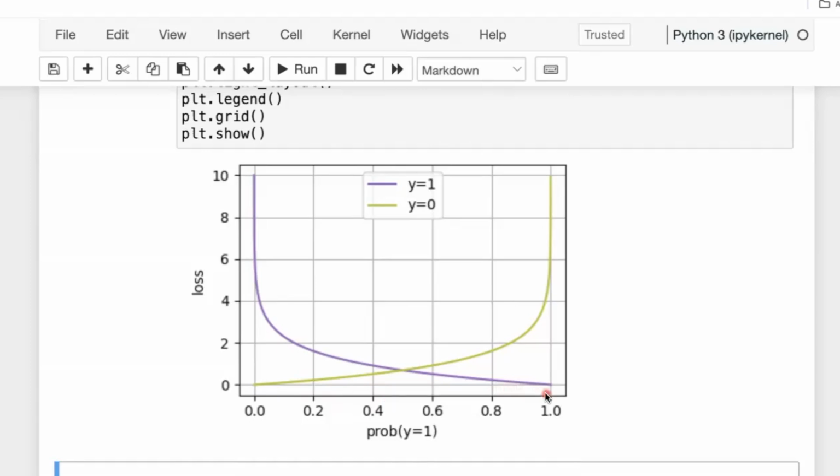And it's the same exact thing with the case of y equals 0. You can see that there's this symmetry here. In that case, if the data point belongs to class 0, we're looking at this yellow-greenish curve, and for this case, it's easier to flip this. If probability of y equals 1 is 0, then probability of y equals 0 is 1, right?